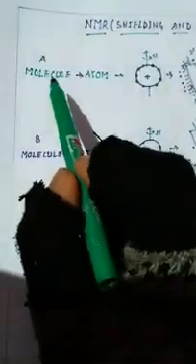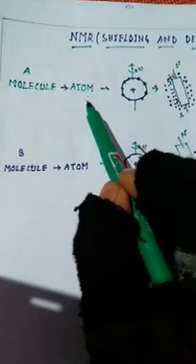NMR spectroscopy of shielding and deshielding. Now, let us consider a molecule A, and we know that every molecule has atoms and every atom has a nucleus.